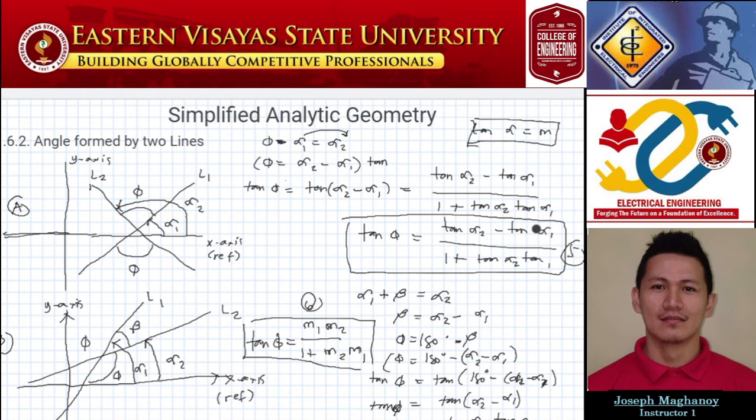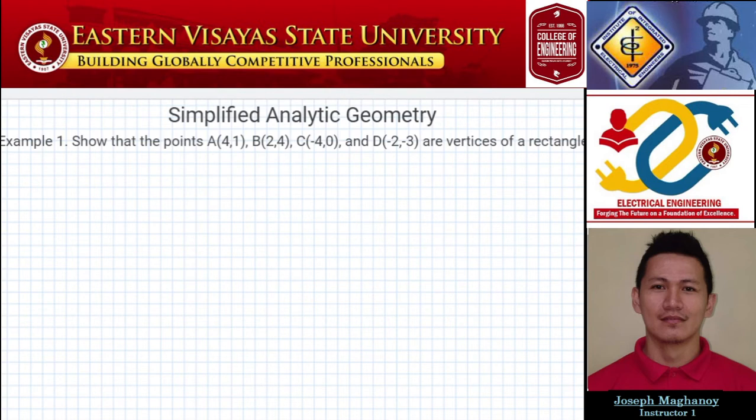Okay, I think we're ready for your sample problem. Example number 1: show that points A, B, C and D are the vertices of a rectangle.